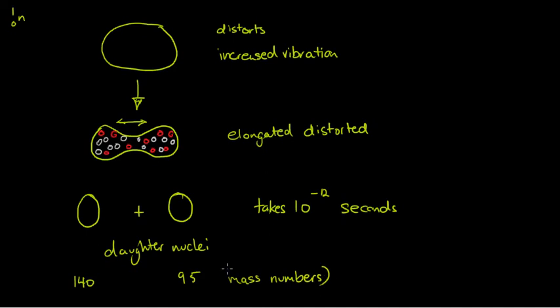And in the last video, I showed how we could have something like krypton and barium given off, unstable isotopes of krypton and barium, and I think the barium had a mass number of 141, and the krypton had a mass number of about 92.